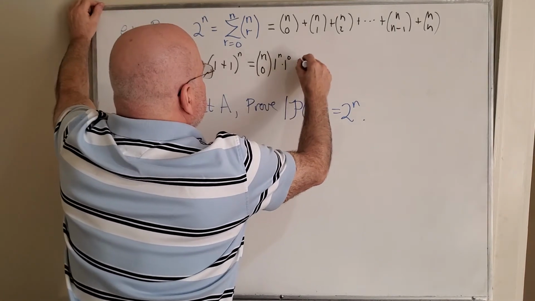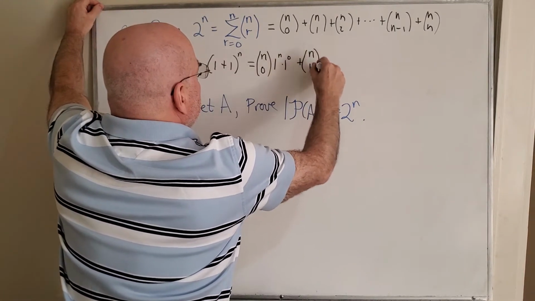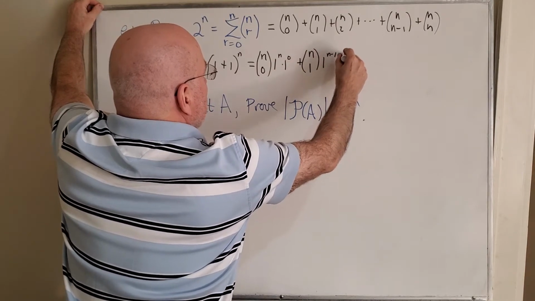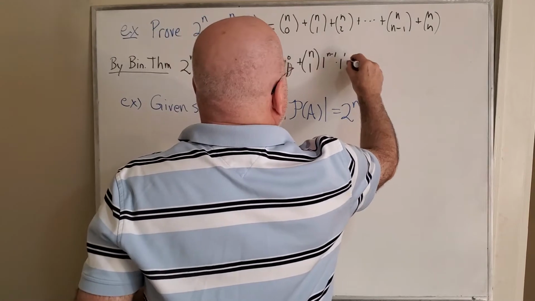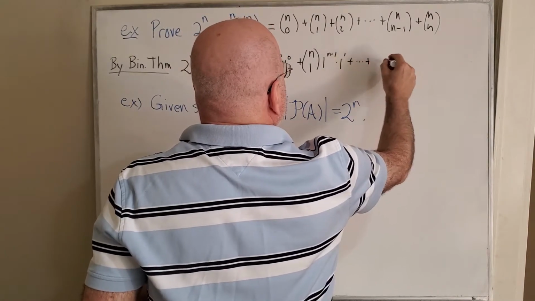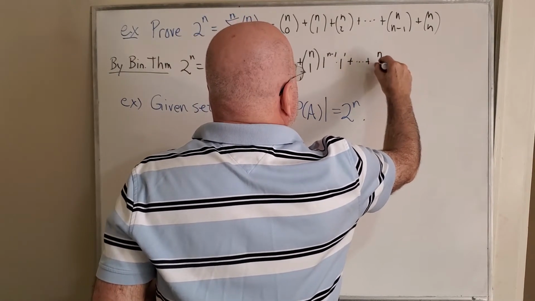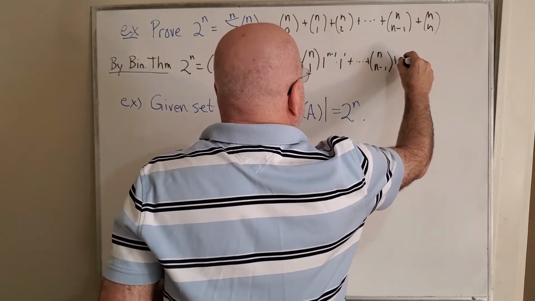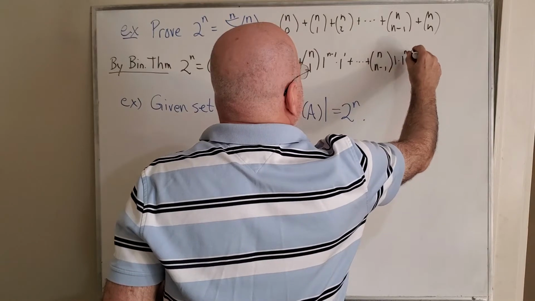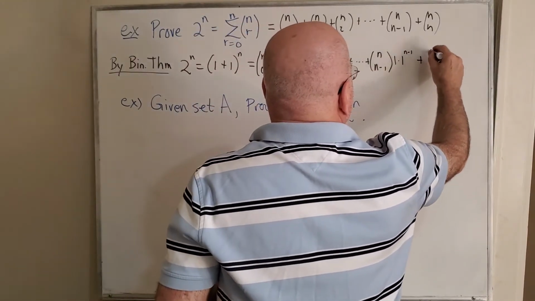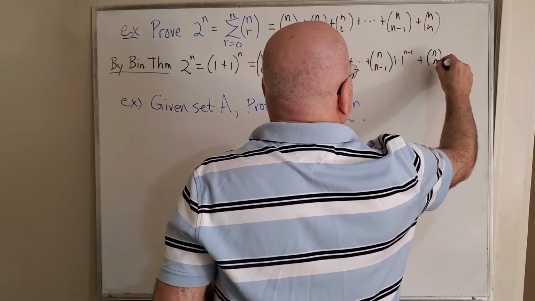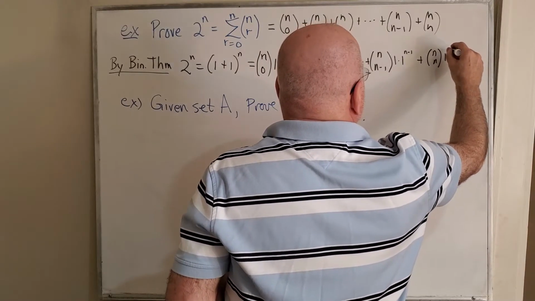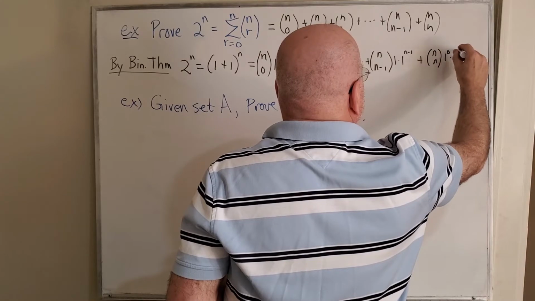The next one would be n choose 1, 1 to the n minus 1 times 1 to the 1, plus, plus, n choose n minus 1, 1 to the 1 times 1 to the n minus 1, and the last term would be n choose n times 1 to the 0 times 1 to the n.